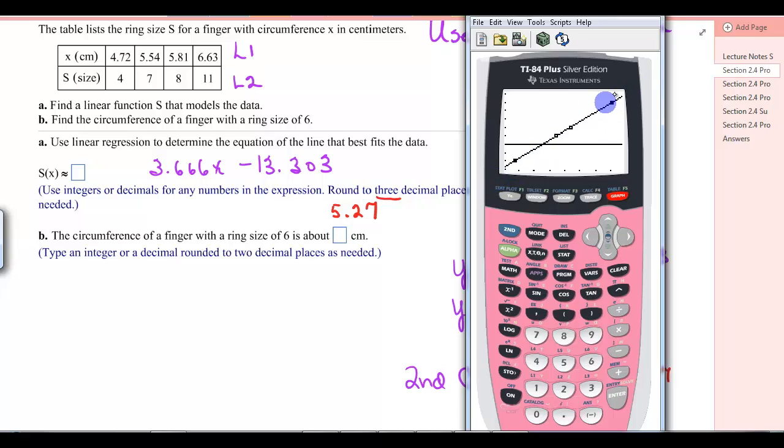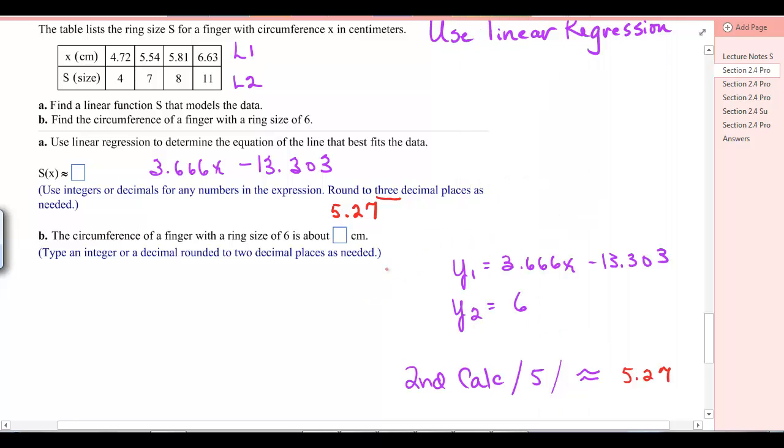This is the size. Here is that. We're finding out where do these two intersect. All right, so second calc, number 5 is intersect, and hit enter 3 times. All right, 5.26, it says round to 2, so that'll be 5.27 will be our answer.